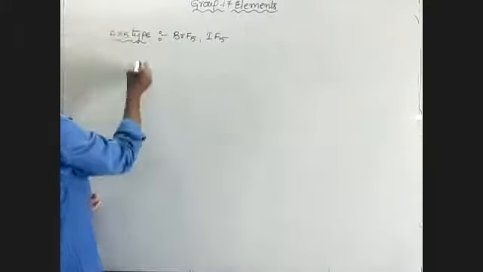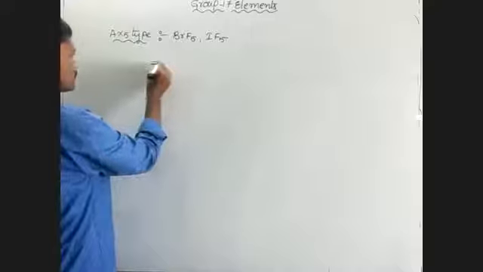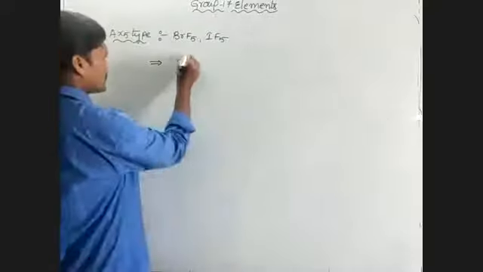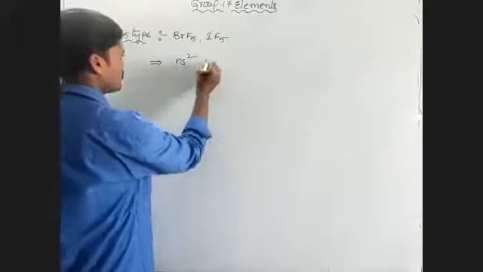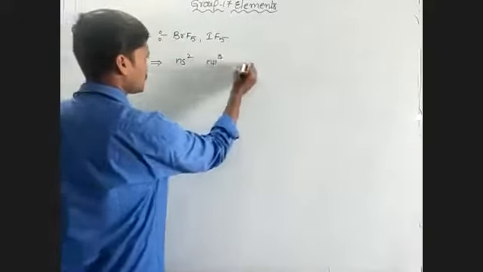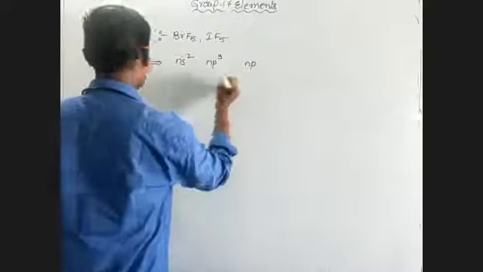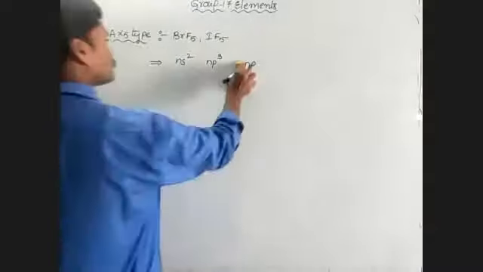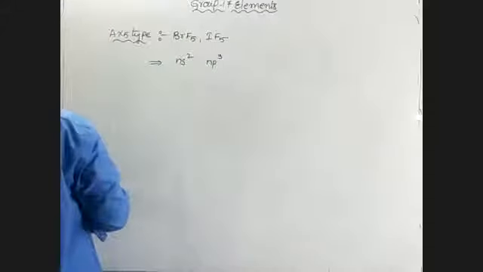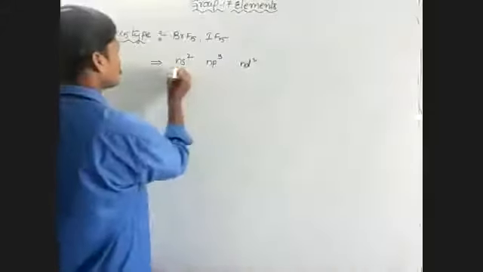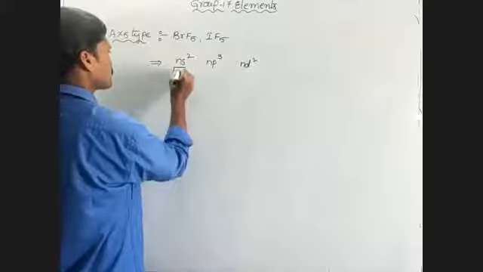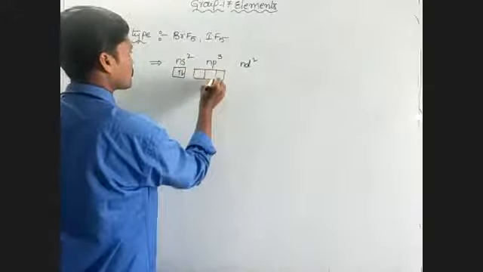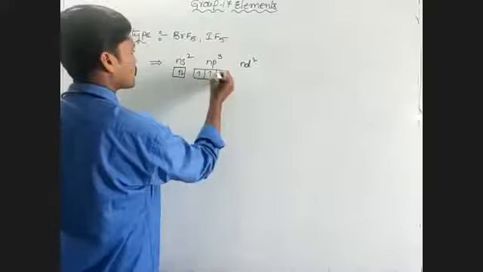So you take AX5. The general configuration in the second excited state is ns2, np3, nd2.